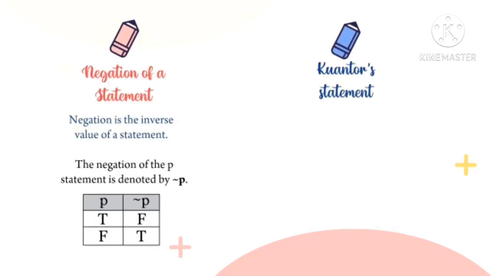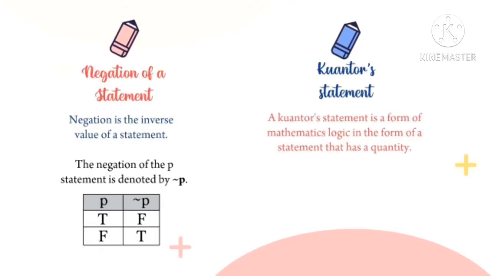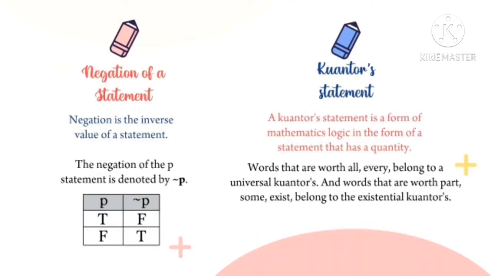Next, quantor statement. A quantor statement is a form of mathematics logic in the form of a statement that has a quantity. In a quantor statement, generally there are the words all, every, some, there exists, and part. Words that mean whole, all, every belong to the universal quantor, and words such as part, some, exist belong to the existential quantor.